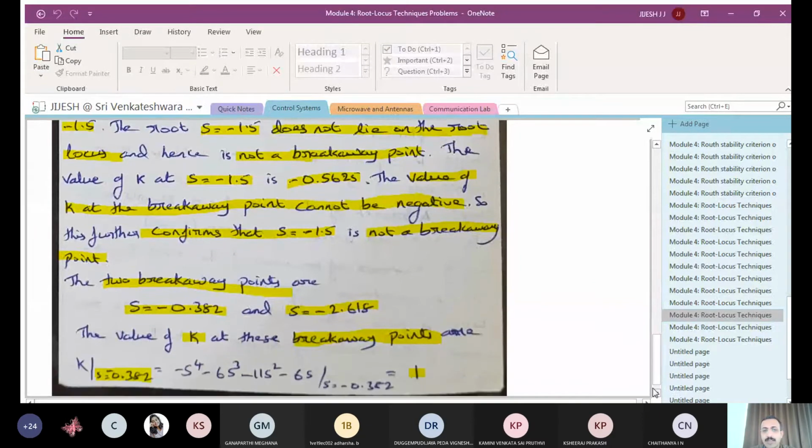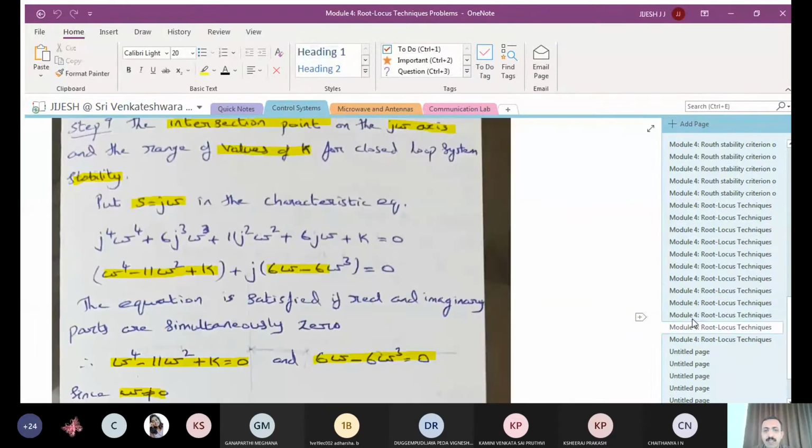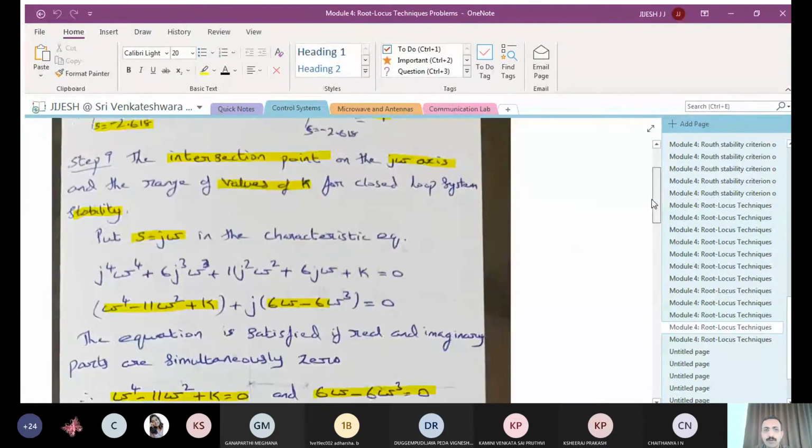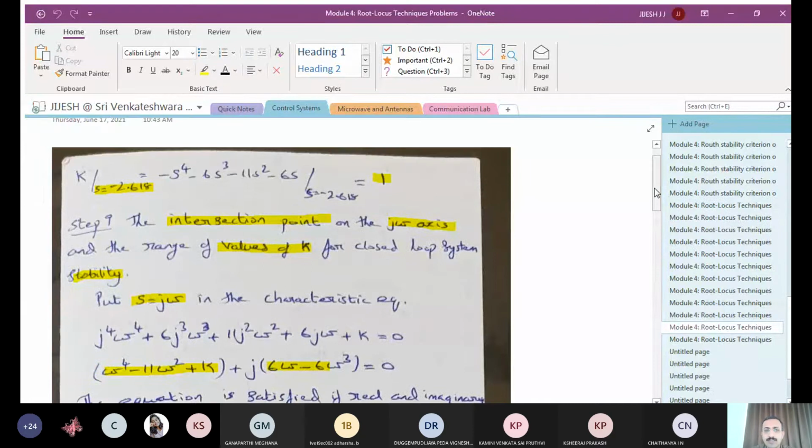So there are two breakaway points available, s equal to minus 0.382 and s equal to minus 2.618. We got the value of K at these points as 1, and at the other point, minus 2.618, that is also 1. We completed the value of K.